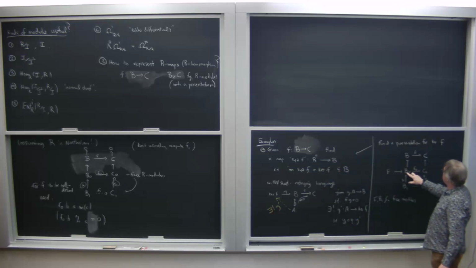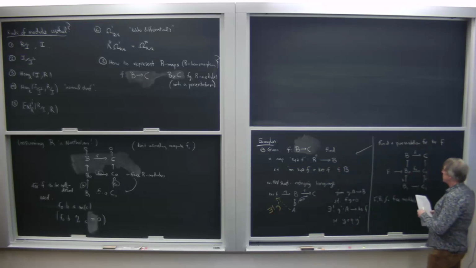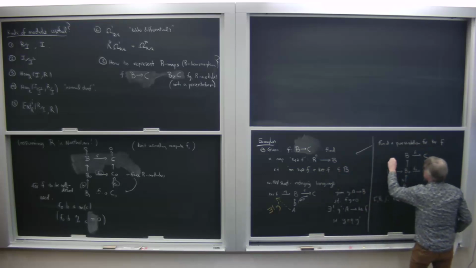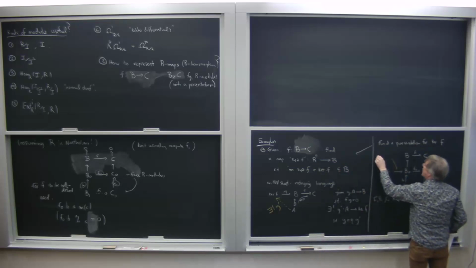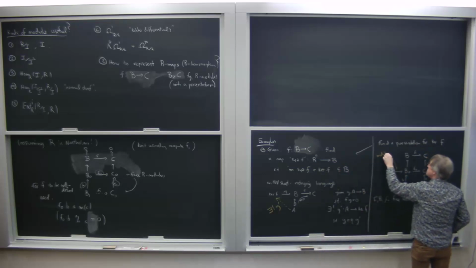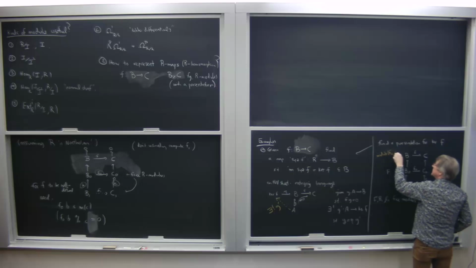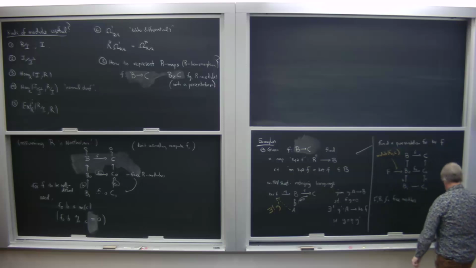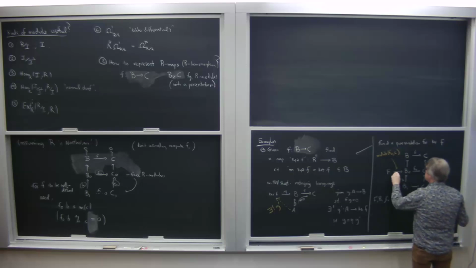How do I tell if something is in the kernel from here to here? That is just B0 to C0 mod this. So this map here, write it down. This matrix here is the modulo of F0 comma C. Let's call this G sub 0.